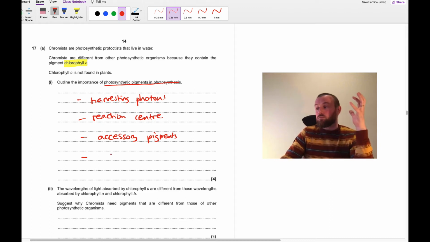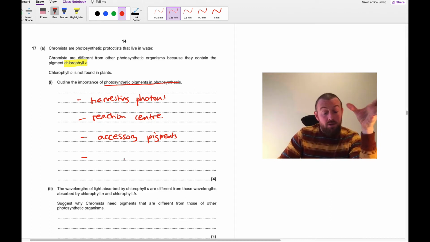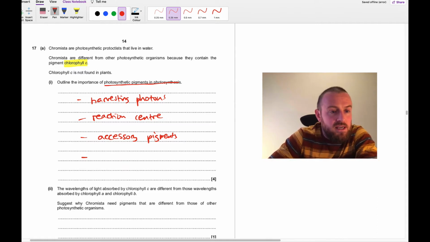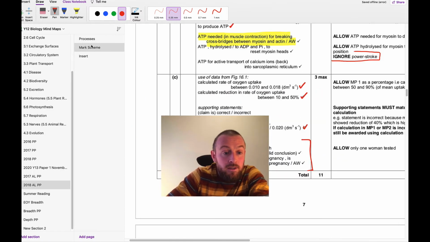And ultimately, we use the energy to excite electrons and then reduce coenzymes like NAD. So all that stuff is going to be worth marks. Let's have a look at the mark scheme and see how you could have got 4 out of 4.